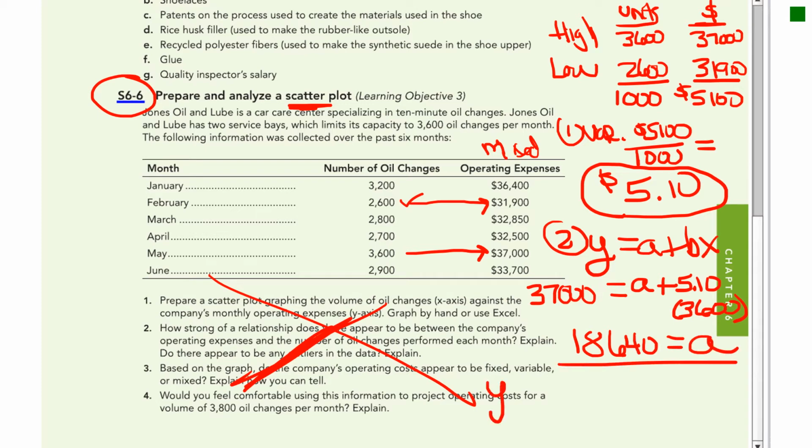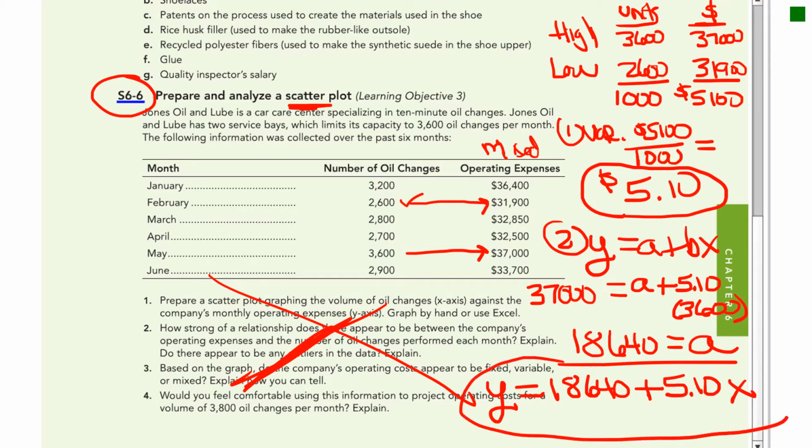So you can now rewrite the equation to say y equals $18,640 plus $5.10 multiplied by x. We can use this as a cost equation to predict your operating expenses based on oil changes, as long as the range is between 2,600 and 3,600 oil changes. That's our relevant range. When you get to exercise 7, they're going to ask you to make a prediction if they performed 3,400 oil changes.